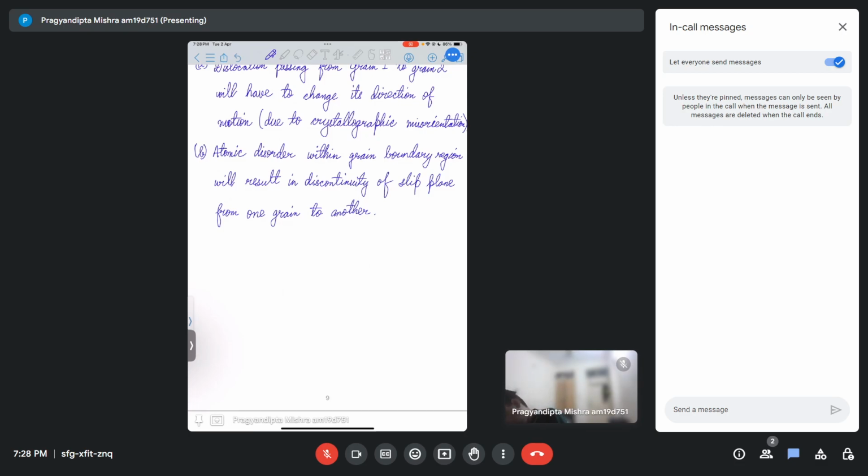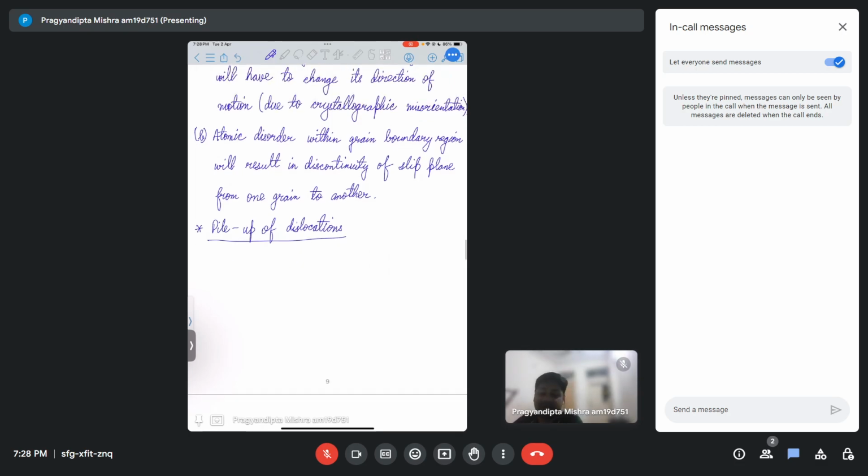So the dislocations will start piling up at the grain boundary in some fashion.